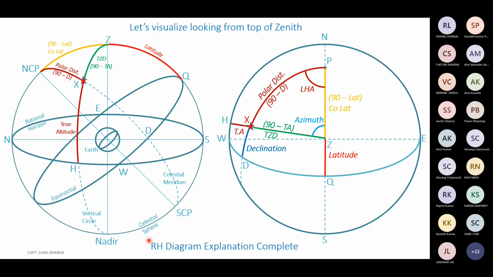I made both of them to help you understand their correlation with each other, so that you understand the basic concept behind it. Once understood, we don't need to draw the celestial sphere diagram. We will be using the simplified version, that is the rational horizon diagram, and solving our questions. So, a very, very important concept of the rational horizon. The explanation is completed now.